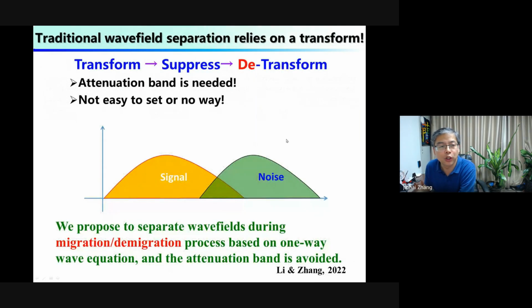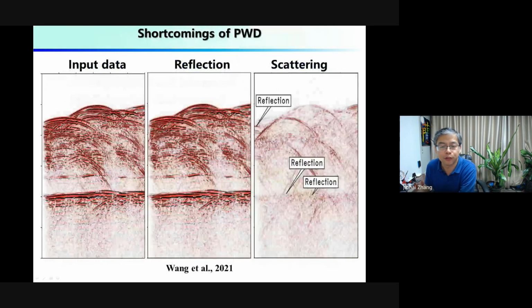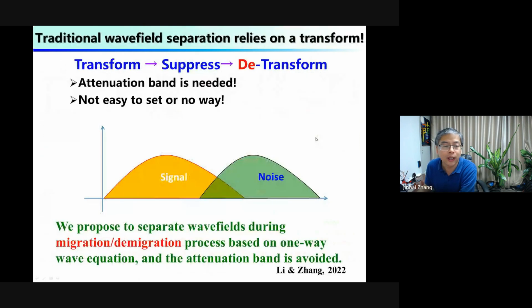So we propose a new method to try to separate the reflection and the scattering. Our method is quite different, some kind of new style. Usually, if we hope to separate signal from noise in the frequency domain or other domain, here is the model of the filtering method, that means the low pass and the high pass method.